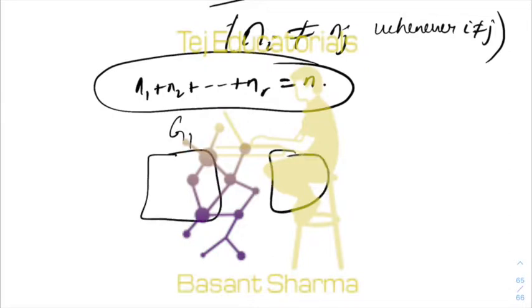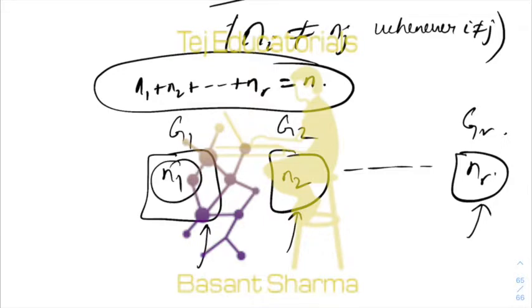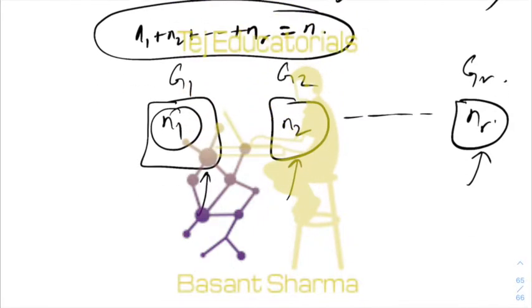Suppose this is group 1, this is group 2, till group R. Now suppose I put n1 objects inside this, n2 objects inside this, so on till nr objects inside group R. The important thing to keep in mind is that the only thing that matters here is the selection: what objects go into group 1, what objects go into group 2, what objects go into group R. It does not matter how these n1 objects are arranged inside the group.